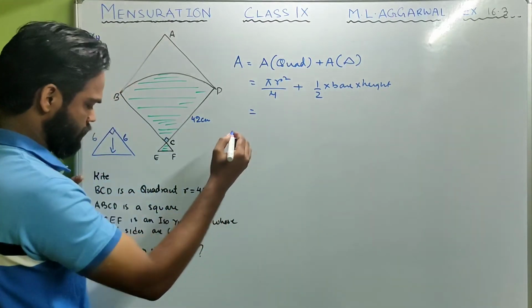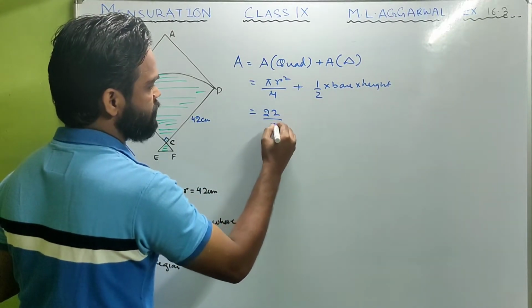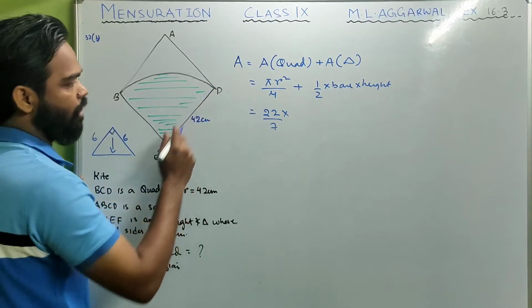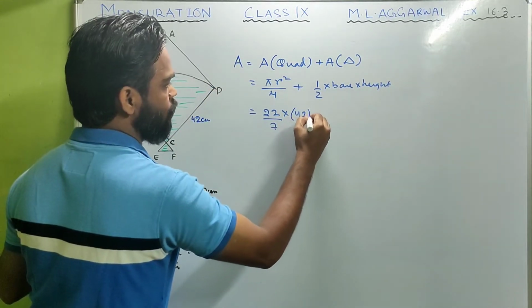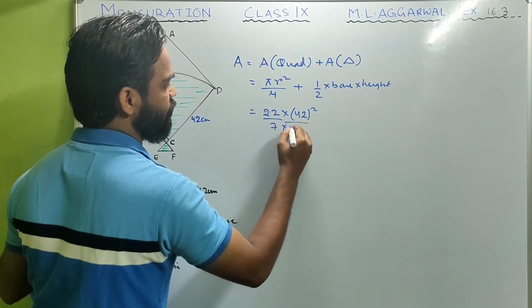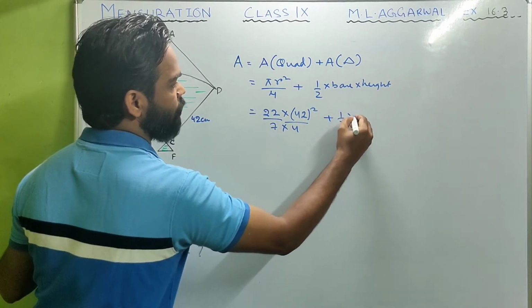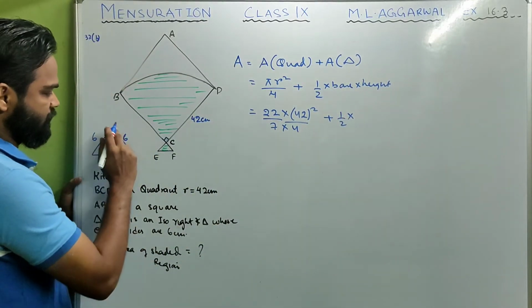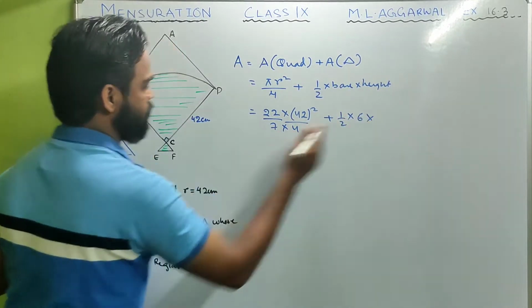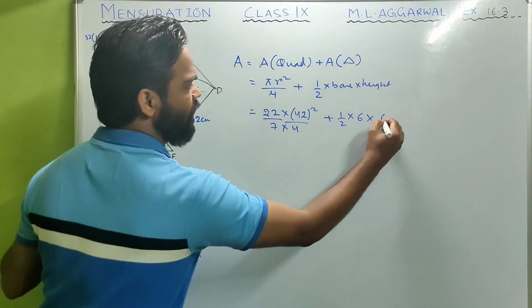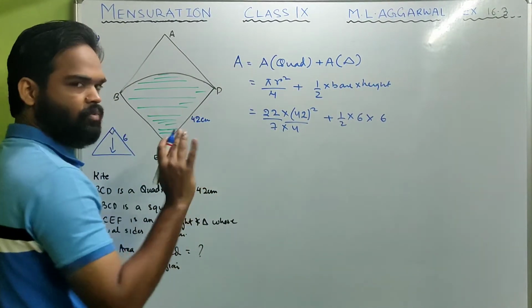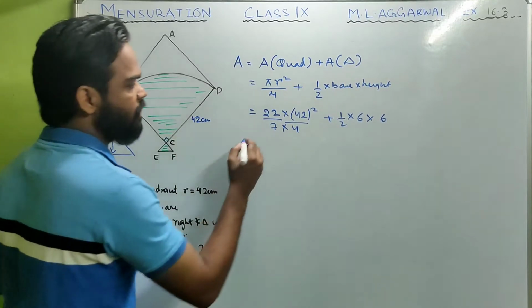So this is 22 by 7 multiplied by r is 42 whole square by 4 plus half multiplied by base is 6, and the height is also 6 in this case. It's a right angle triangle, okay? The equal sides, one of them becomes a base, one of them becomes the height.